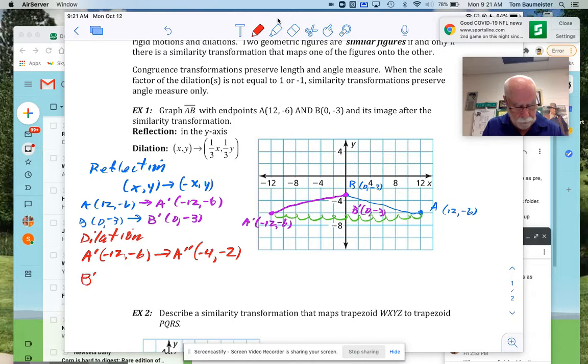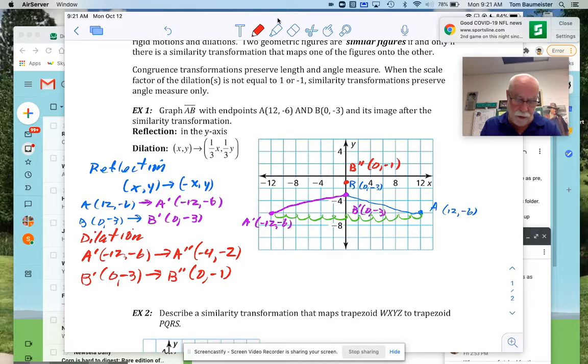For B prime, which was at (0, -3), we're going to map that to, well, a third of 0 is 0, and a third of -3 is -1. So again, we're going to have B double prime at (0, -1).